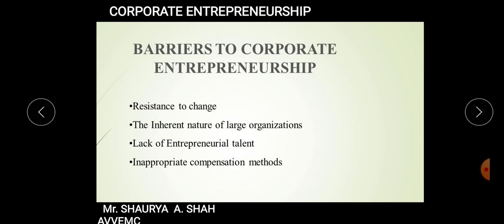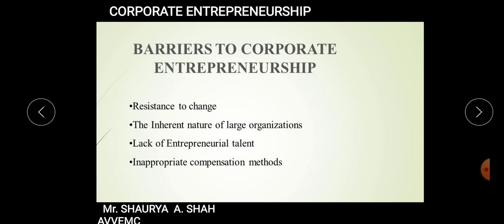So those compensations are not available to the employees, so they never think out of the box or create something new, because they know whether they do the work or not, they are going to get the same reward out of it, right? So rewards and incentives are not that attractive, which motivates and boosts the morale of the employees so that they can do much better, fine. So inappropriate compensation methods are also one of the barriers to corporate entrepreneurship.